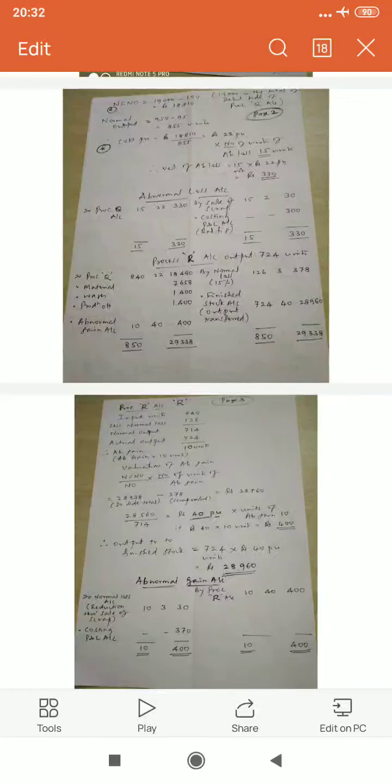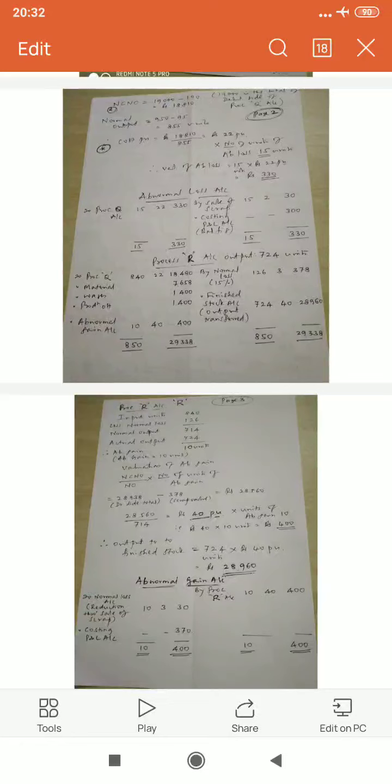Then output given in the problem as 950. Straight away you make a comparison between total material introduced in units and normal loss in units. 1000 minus 50 works out to 950 and the number of units transferred to next process is put at 950 only. It implies that there is neither the incurrence of abnormal loss nor the earning of abnormal gain.